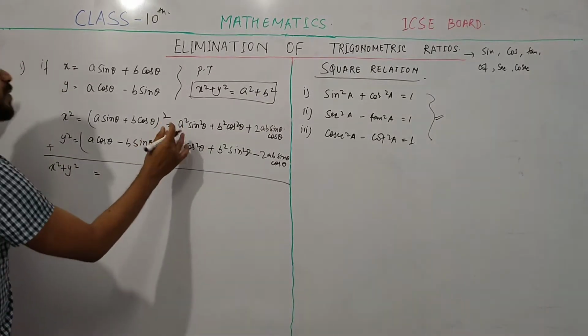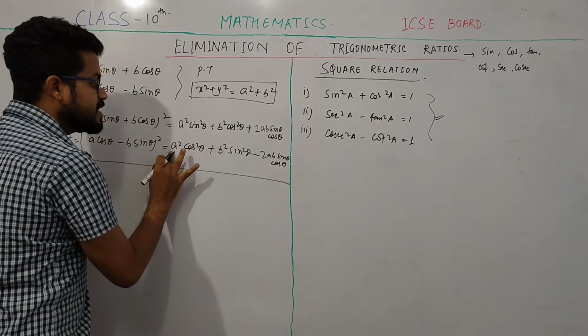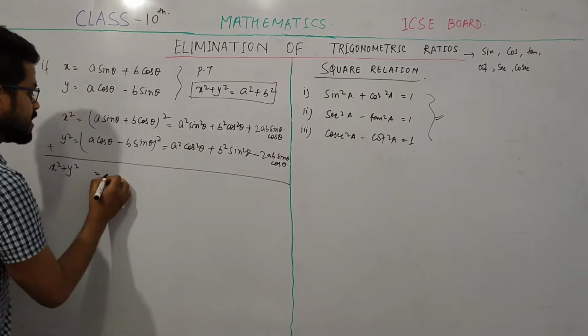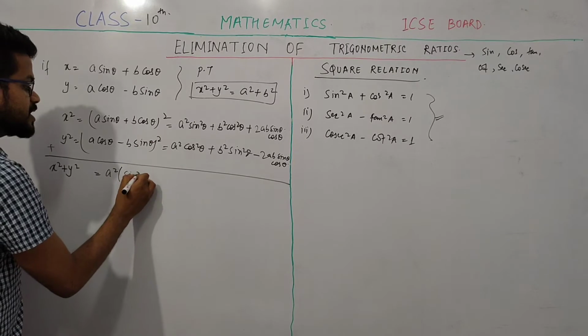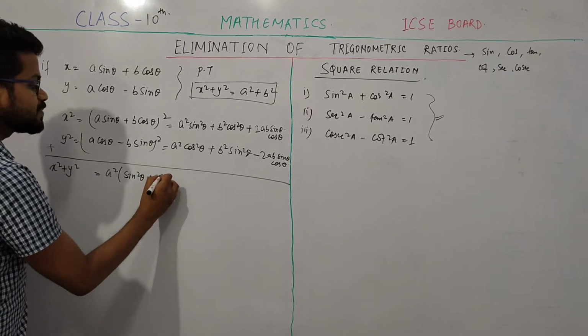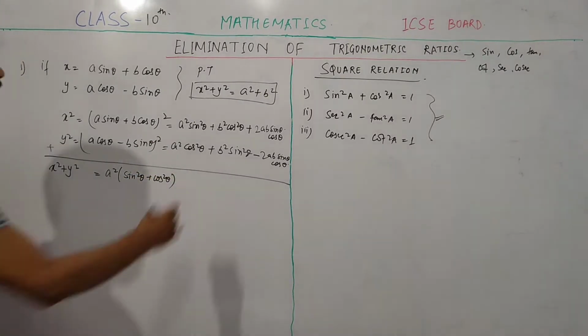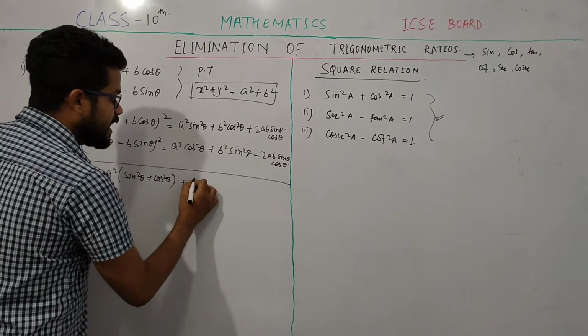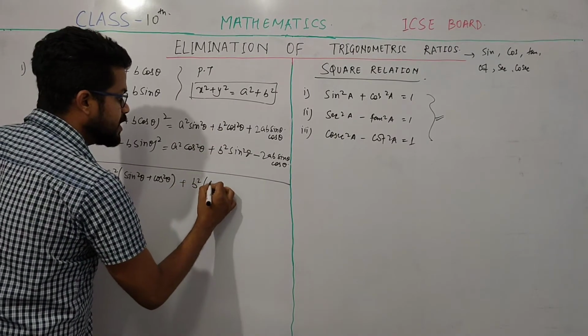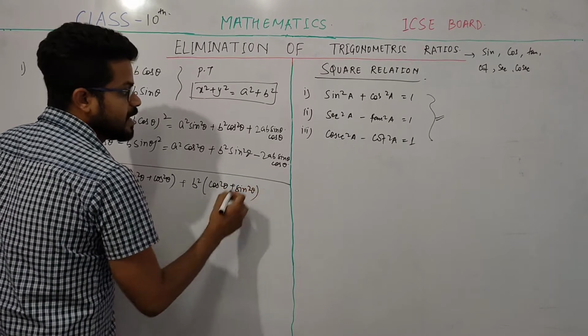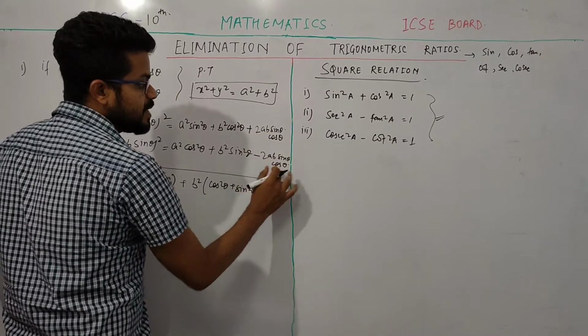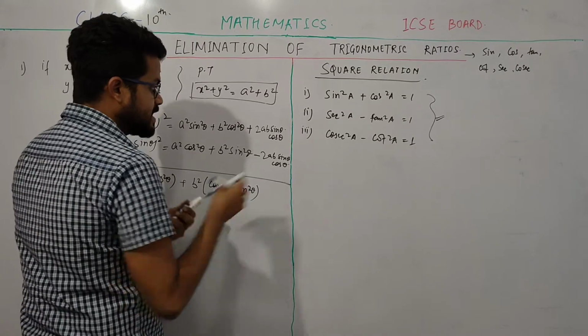Here this is a square sin square theta and this is a square cos square theta. If I take a square common, the remaining portion is sin square theta plus cos square theta. In the second portion, if I take b square common, this is cos square theta plus sin square theta. And this is plus 2ab and this is minus 2ab, so I cancel both of these.